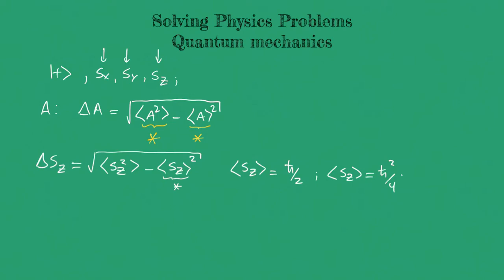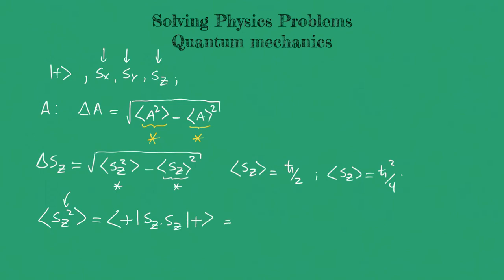Basically now we have to calculate the first term of this expression, which will be bra plus Sz squared ket plus, by the definition seen before. I can split this Sz squared as Sz times Sz acting on ket plus.